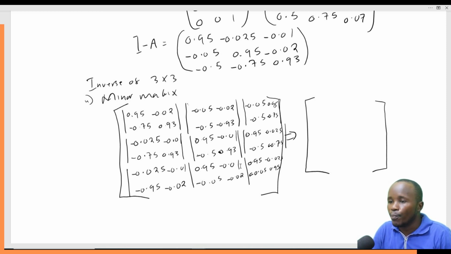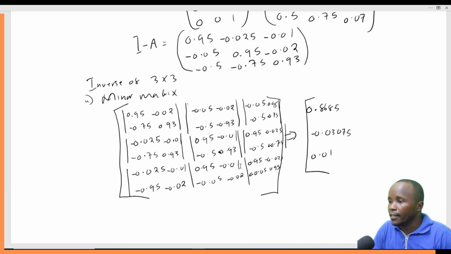The first one will be 0.95 times 0.93 minus 0.75 times negative 0.02. So here you get 0.8685. Here you get negative 0.03075. Here we have 0.01. We move the same to the first row, second column.